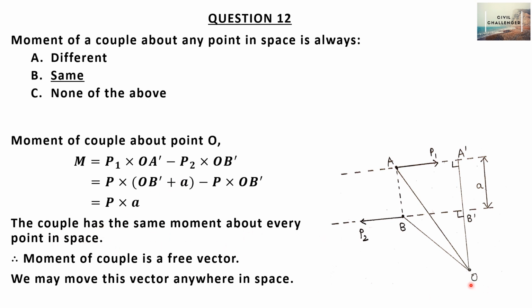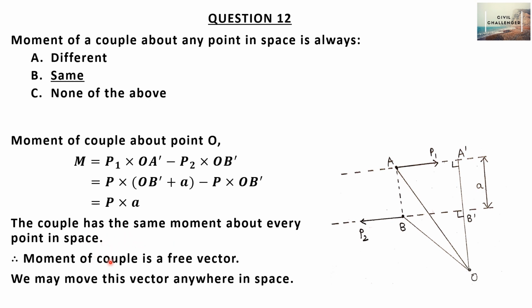If we change this point also, we will get the moment of couple the same. This will be equal to P into A. A is the arm of the couple, or the perpendicular distance between the lines of action of the forces. Okay, therefore the correct answer is option B. Moment of a couple about any point in space is always the same, or the couple has the same moment about every point in space.